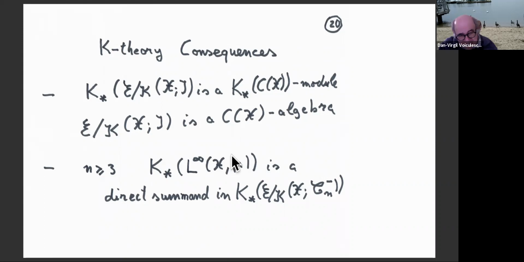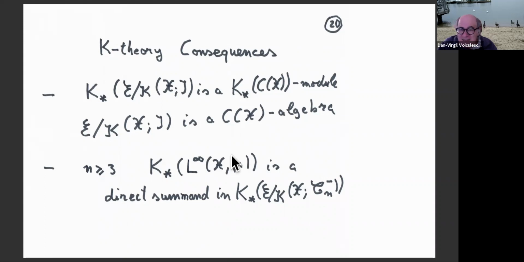And the second thing is that if n is larger than or equal to 3, then the K-theory of L infinity of X, this von Neumann algebra, that is, the essentially bounded functions with values in the integers, that group, K0, is a direct summand in the K-theory of the Calkin algebra.